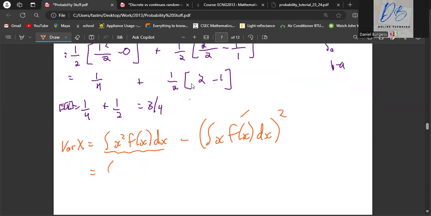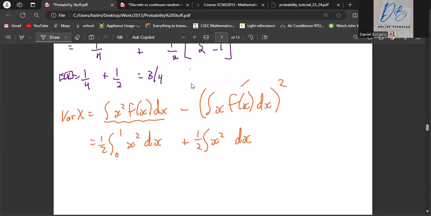So we integrate from 0 to 1 x squared, and then that will be a half, I'm going to write it. So integral 0 to 1 x squared dx plus a half x squared dx. Right? The f of x is a half and a half.